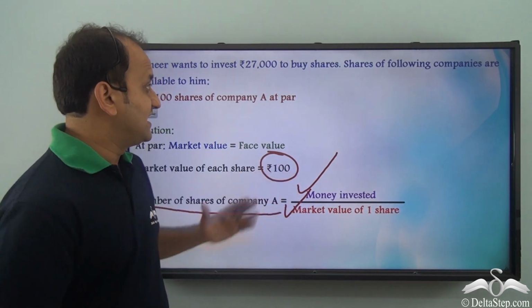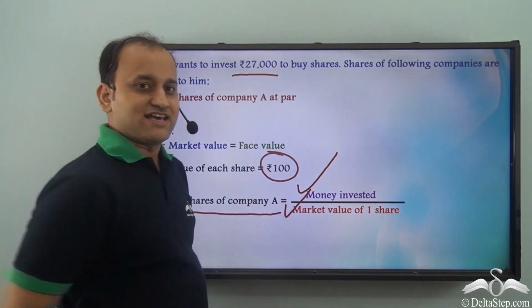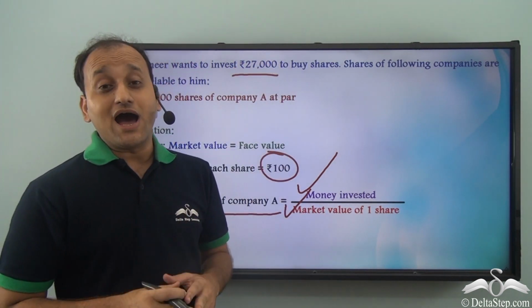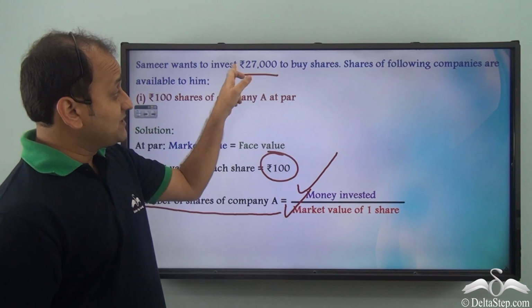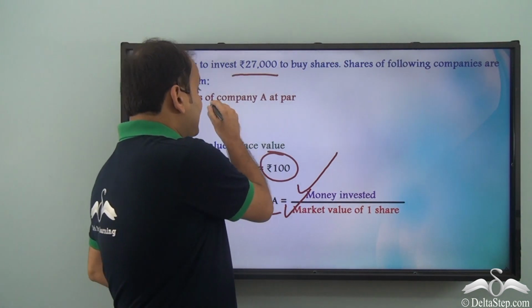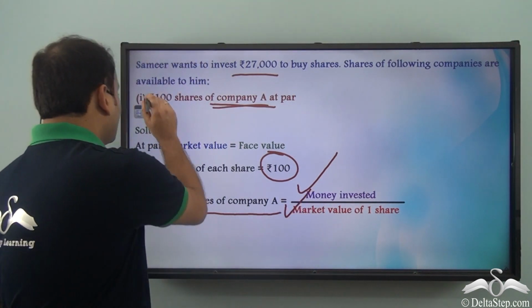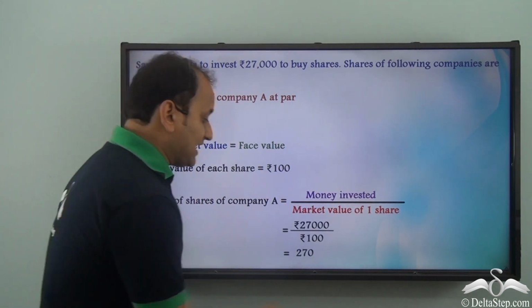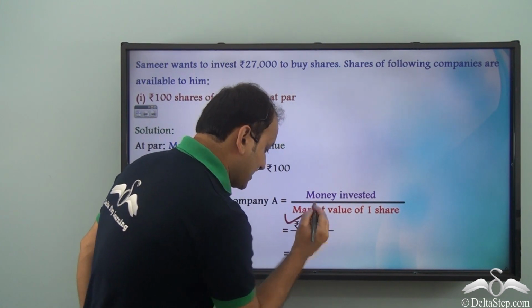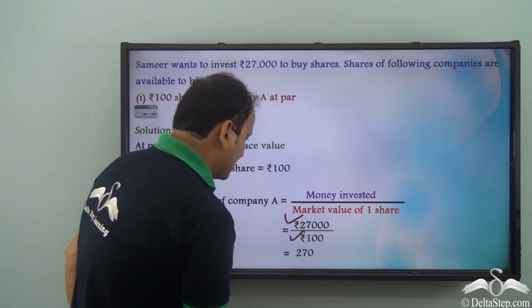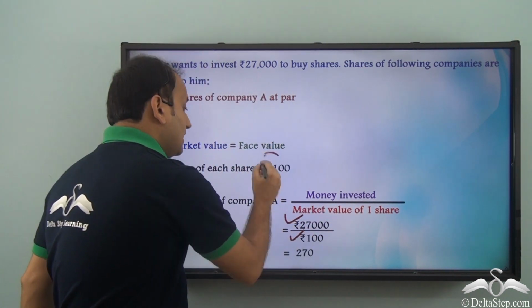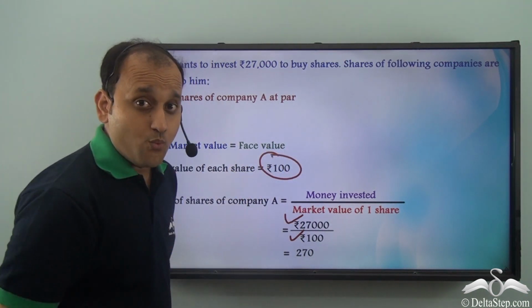In our case, it's rupees 27,000. So how many shares can we buy for rupees 27,000 of company A? Well, this is the formula. And if we apply this, what do we get? 27,000 by rupees 100, which is the market value of one share.